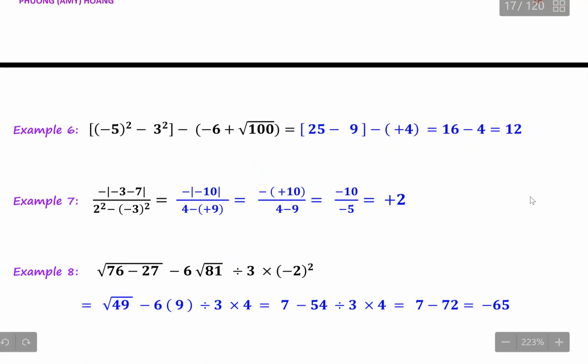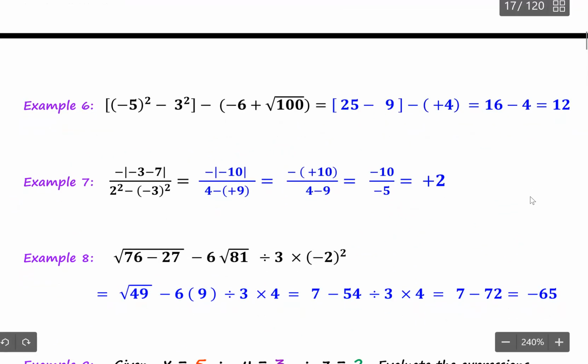In our next example, you can see that we have several operations and we have the square bracket as well. Here is a square bracket. The reason we use a square bracket is because inside this we already have this bracket. So I can quickly do the operation below and explain it on the side.